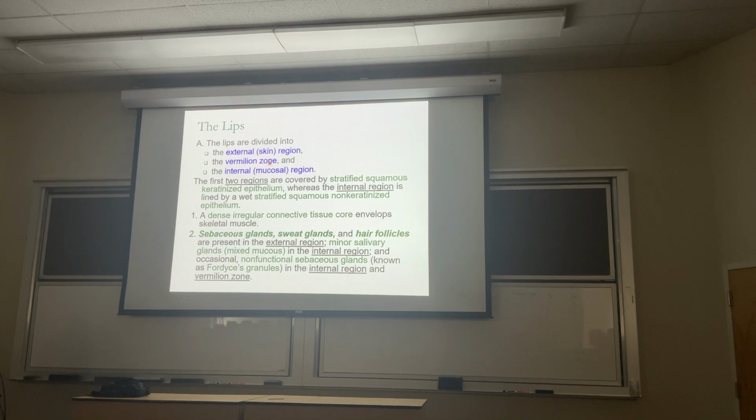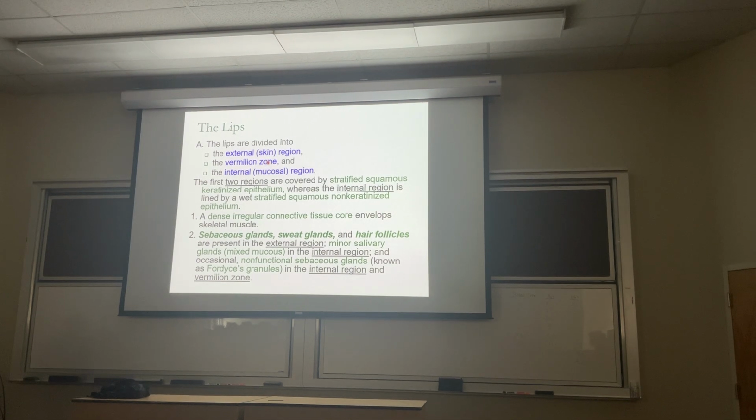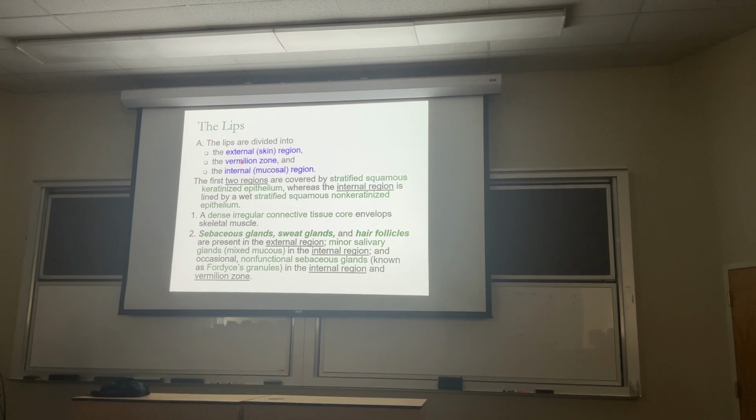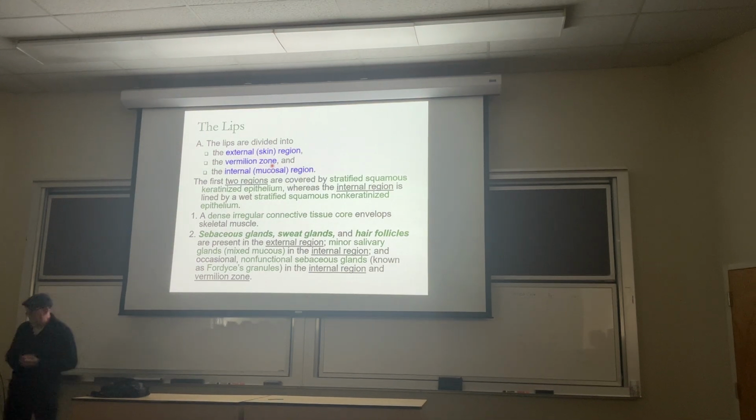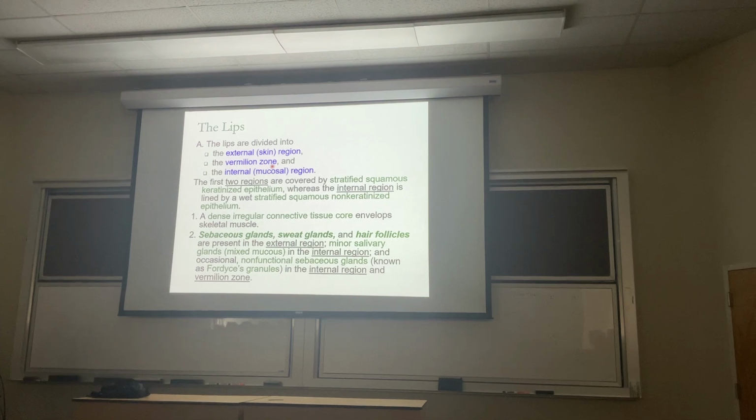The vermilion zone is the part that's red, and it's between the external and internal. If we look at slides from animals instead of humans, animals do not have a vermilion zone. So when we look at the slides eventually on Wednesday under the microscope, it's likely we won't be able to see a vermilion zone because it'd be from an animal, but they don't have it.